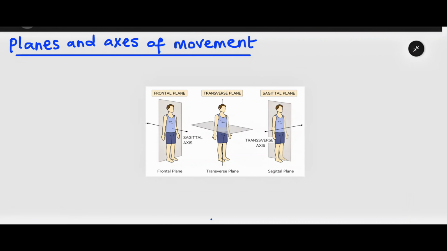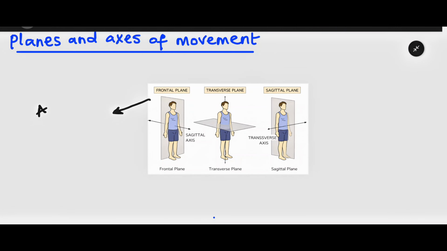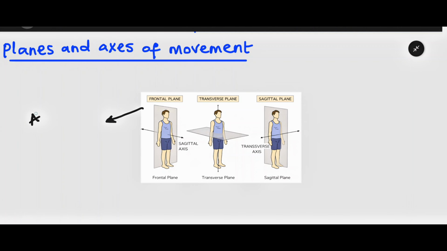For the frontal plane, as you can see here, it splits the body into front and back, and it's paired with the sagittal axis, which is sort of a kebab skewer that goes through the body from the front and comes out at the back. The important thing about the frontal plane is the type of movements that it allows are abduction and adduction movements.